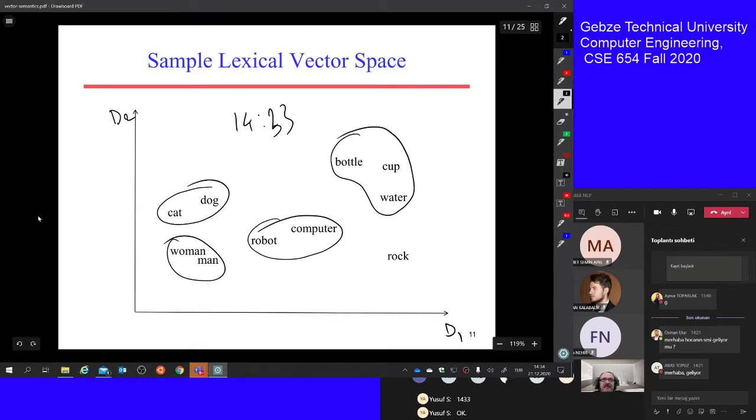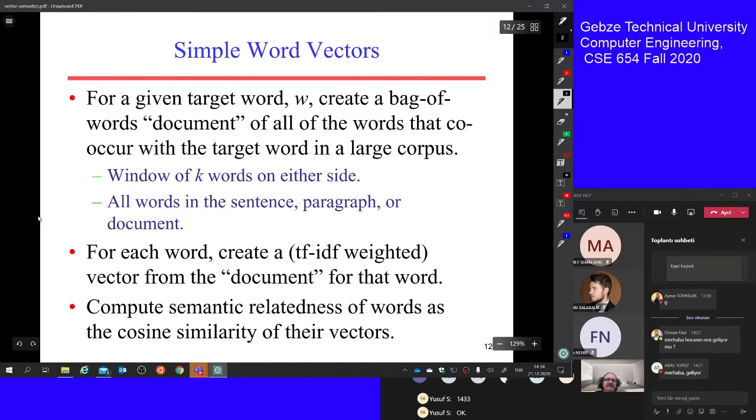So the sample lexical vector space is like that. Simple word vectors, if you are using this technique, distributional semantics, for a given target word, we create a bag of words document. That means we find all the words that co-occur with the target word in a large corpus.